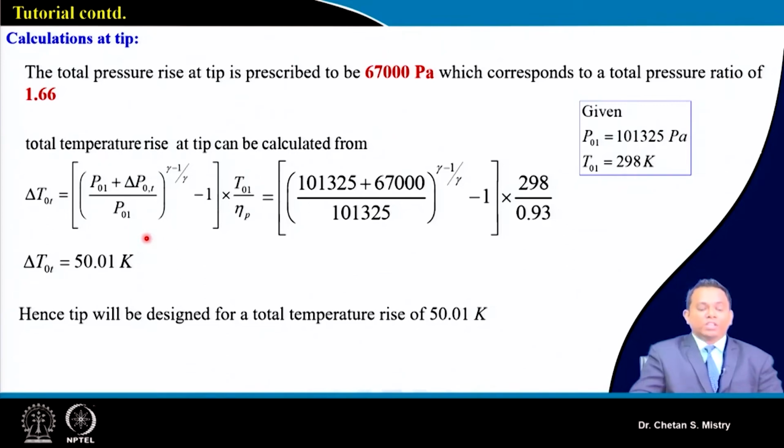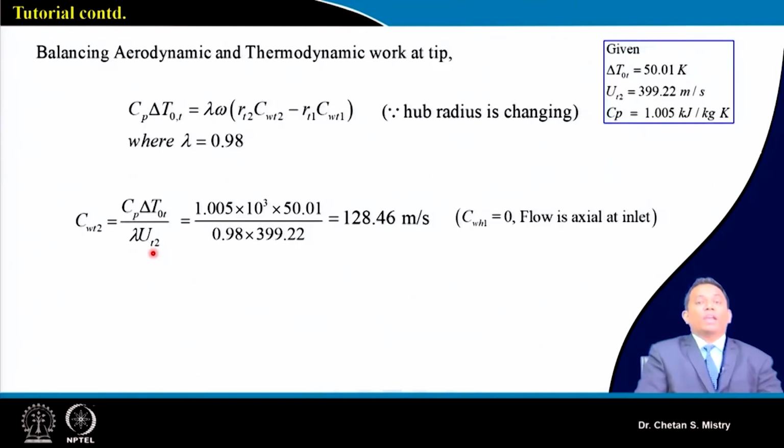If that is the case, we can do our calculation of delta T0 at the tip station, and this comes to 50.01 Kelvin. Now in line with the calculations we have done at the mid station and at the hub, we can do our calculation by comparing aerodynamic and thermodynamic work. So here CW2 at the tip station we can calculate by comparing our aerodynamic and thermodynamic work.